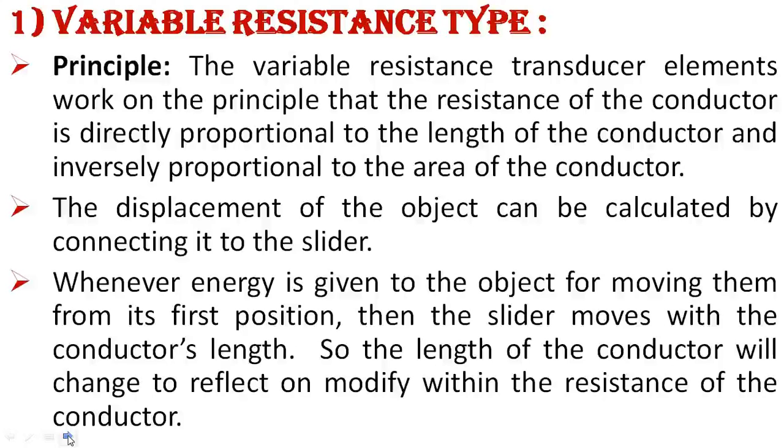The displacement of an object is calculated by connecting it to the slider. When the displacement of the object is generated, it is calculated by using the slider of a potentiometer or variable resistance type transducer. When energy is given to the object to move it from its initial position, the slider moves with the conductor, so it moves along the length of the conductor.